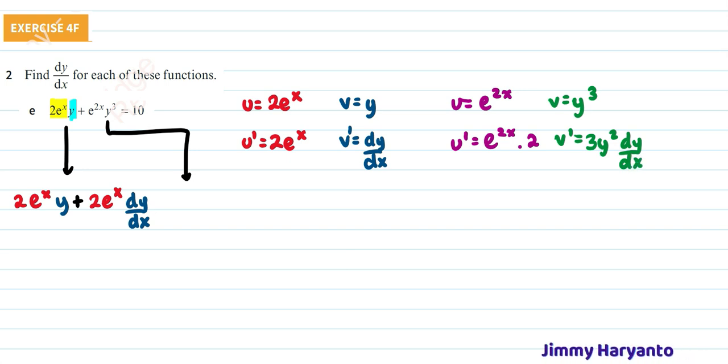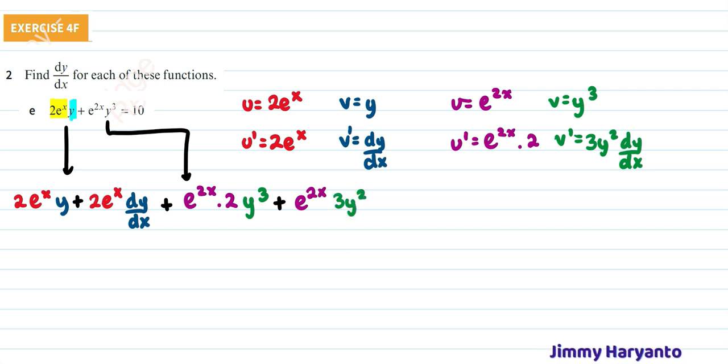Okay, so we plus it one more time. u prime v, the v is y cube, and then plus u times v prime. V prime is 3y squared dy over dx, and then equals to 10. The 10 will become 0.